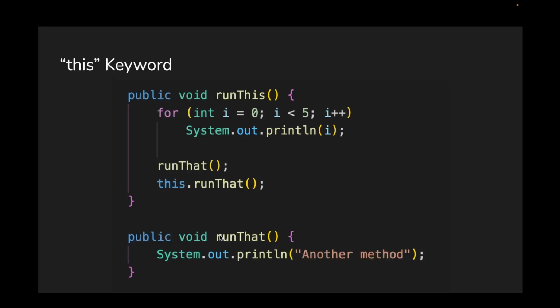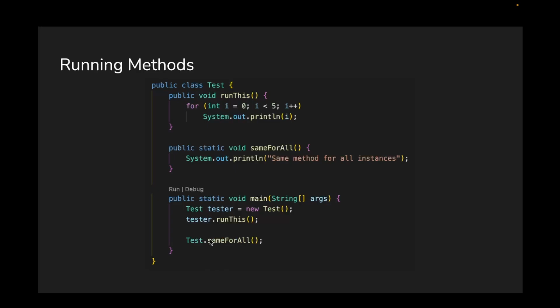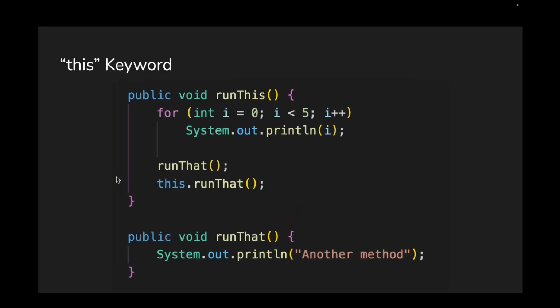So for a method to call another method without making an instance, they would have to be either both non-static or both static. So here you could also call same for all without needing the Test dot part. But here you can say run that directly in run this, because both of them are non-static.